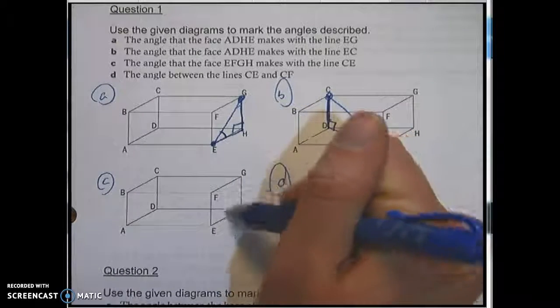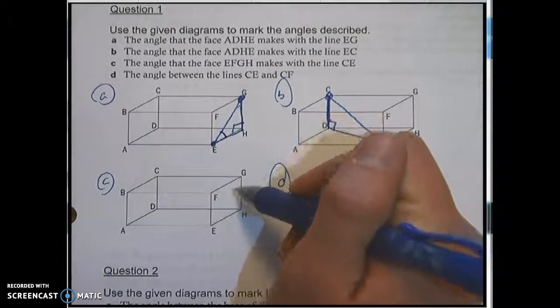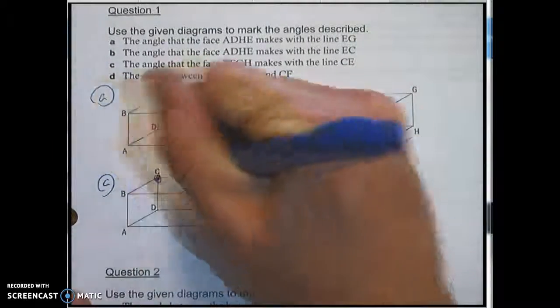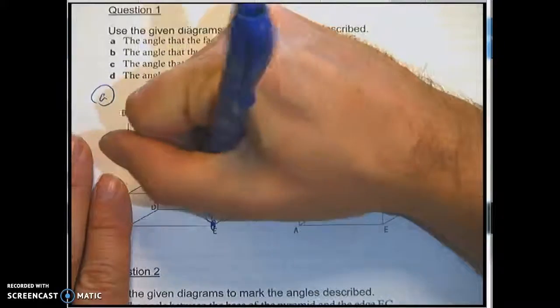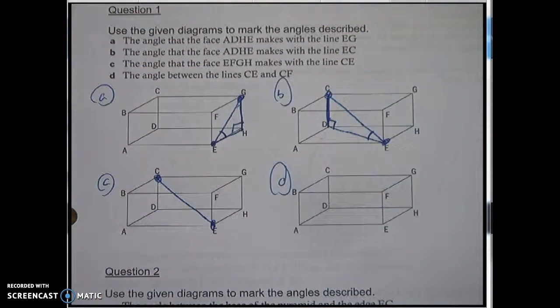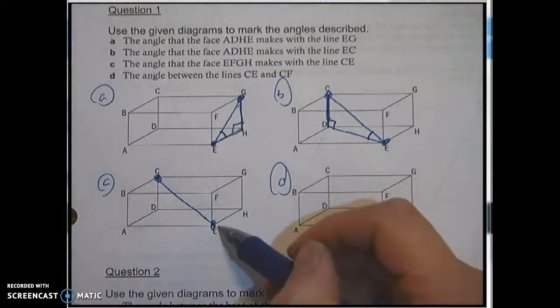In part C, I'm looking for the angle that the face EFGH, the one on the side, makes with the line CE. So let's start with CE again. I'm going to connect those two. This time, the perpendicular I want to make is the one that goes across this base here.